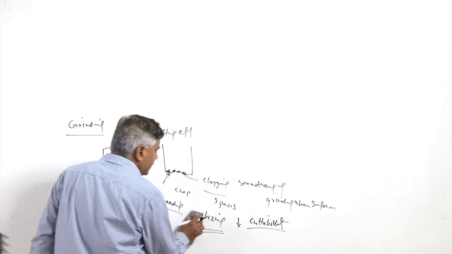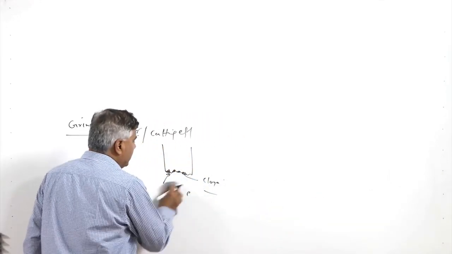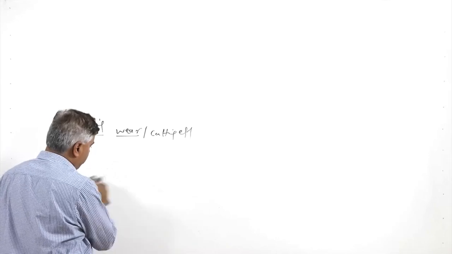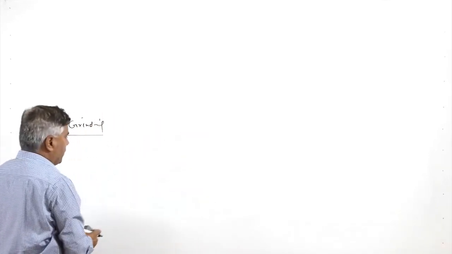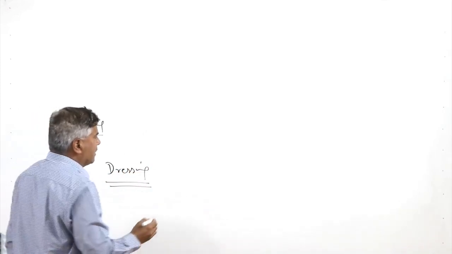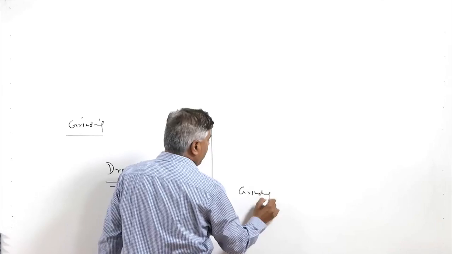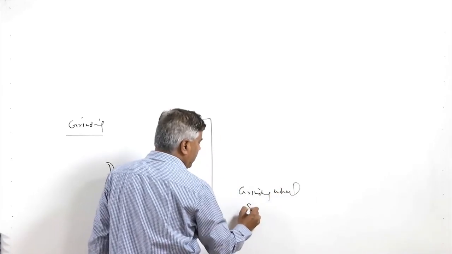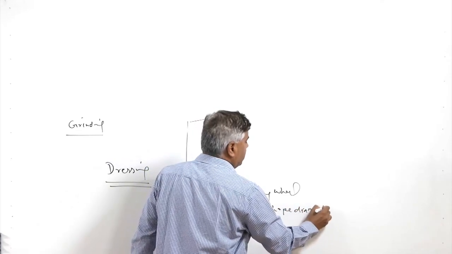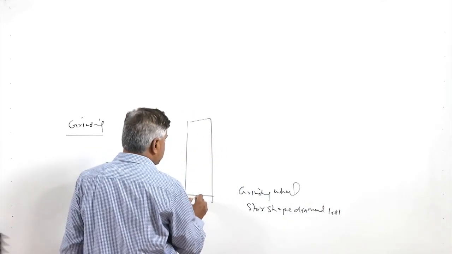So, it is important that the cutting efficiency of the grinding wheel is maintained properly. It is required that all this clogged metal is removed from the surface of the wheel, and for that purpose we use the operation dressing. In dressing, either another grinding wheel rotating at much higher speed or a star shaped diamond tool is used, and this star shaped diamond tool is pressed against the grinding wheel.